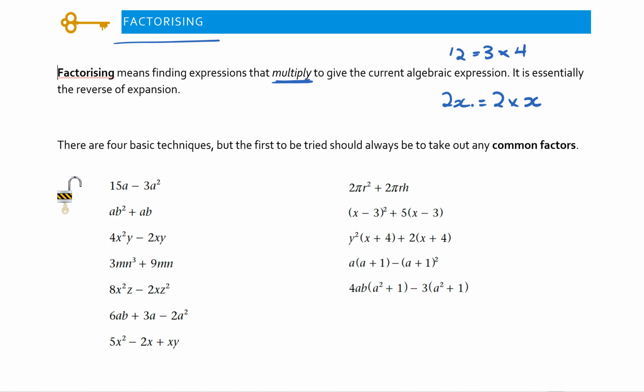It's usually much more complex than that, and there are some basic techniques that we need to follow. The first thing we usually try is to see whether there are any common factors, whether there are things that turn up in all terms which we can take out the front. So it's sort of the reverse of expanding.